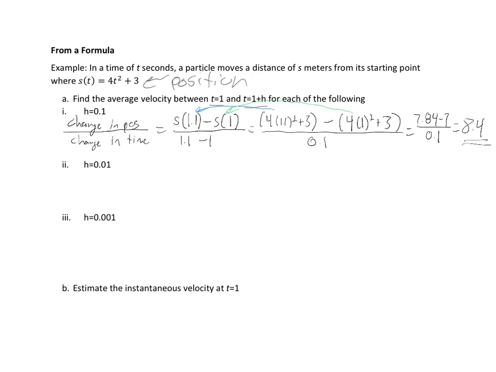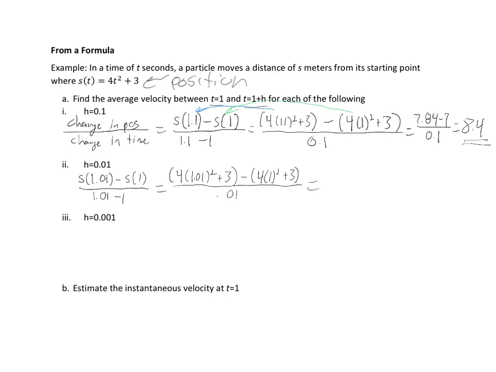So we're going to even shrink that time interval smaller. We're going to do the position from s of 1.01 minus s of 1 over 1.01 minus 1. So again, we're looking at how much the position changes over an even shorter amount of time. So that'd be 4 times 1.01 squared plus 3 minus 4 times 1 squared plus 3 over 0.01.